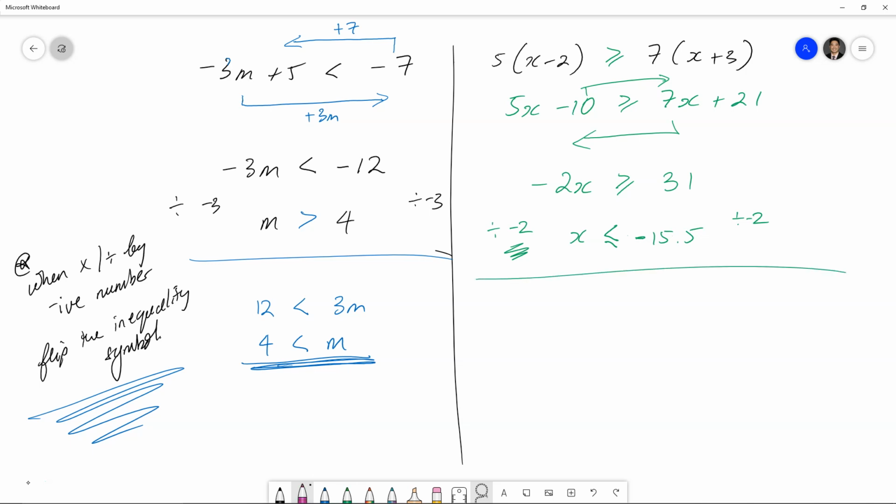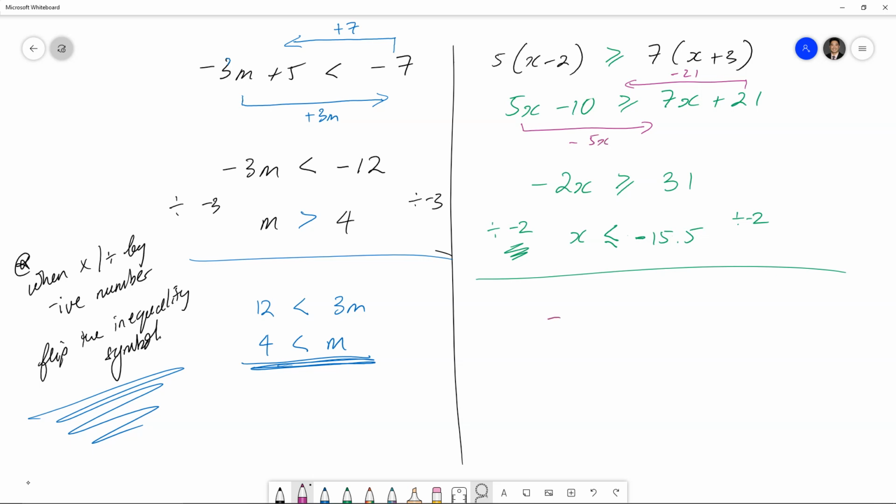Alternatively, I will just show you how to not deal with negative numbers. You'd want to assess the inequation and see how you can keep things positive. So I'm going to move the 5x to the right, and I'm going to move the 21 to the left. So take away 21, take away 5x.